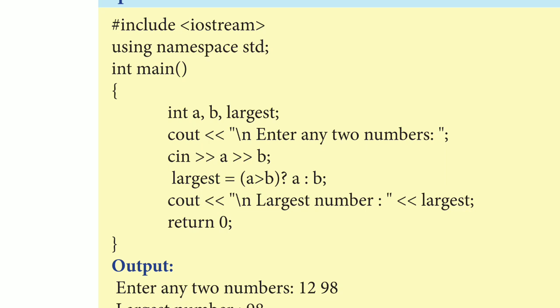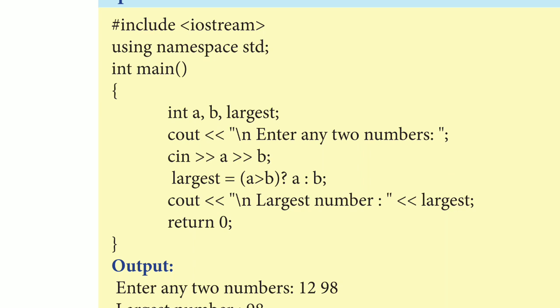The user is asked to enter two numbers, which are stored in a and b. Now you can see the expression largest is equal to a greater than b question mark. So a greater than b is the condition here.